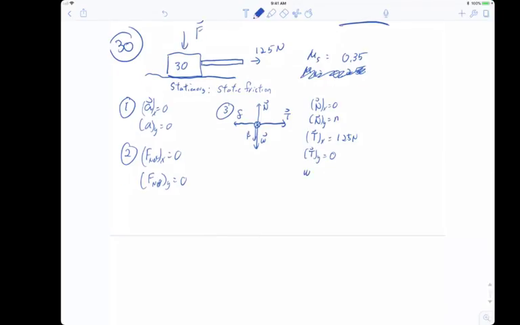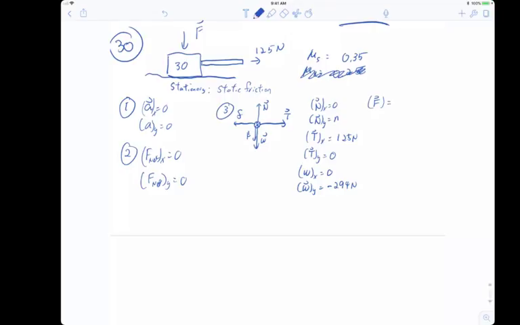Weight in the x direction is 0. Weight in the y direction is 9.81 times 30. So it's minus 294 newtons. So that's the weight.